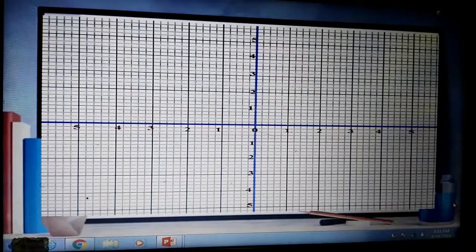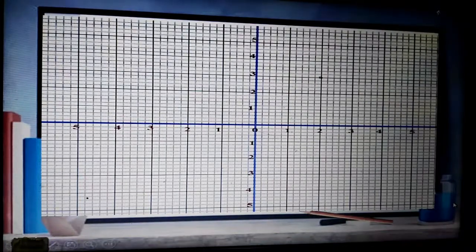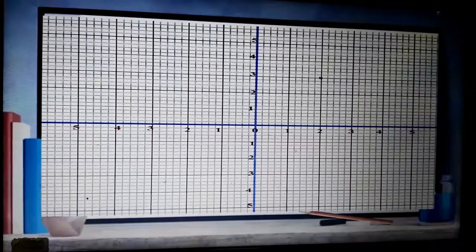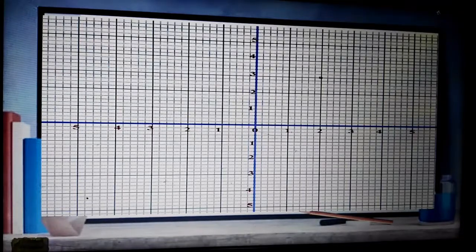So suppose there is a point on the Cartesian plane here, but how will you inform others that the point is here? Because in mathematics we can't say that things are here and there, we must give the number.